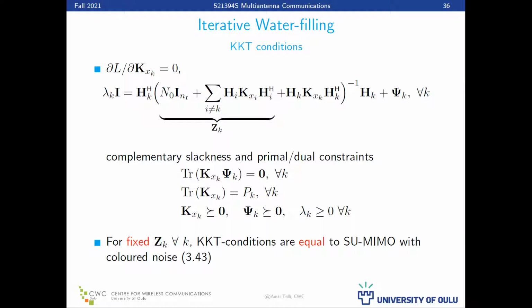So at the optimal solution, of each user K is equal. So basically, at the optimal solution, assuming all the other transmit covariance matrices are fixed, the optimal solution is to just do single user water filling, given the other user covariance matrices are fixed.